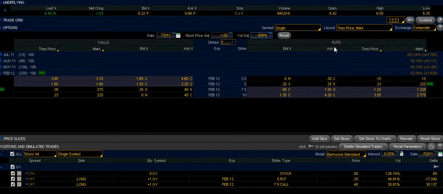And I'm not saying that the stock is going to move at all. If the stock stays the same and volatility goes up to its historical average, how much of a profit would I make? On the call, I would make about a 500% profit.